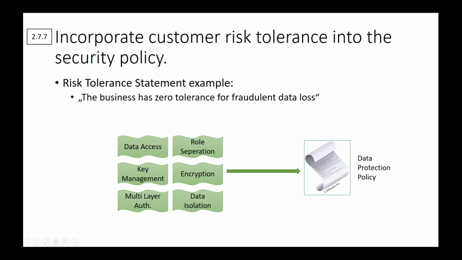But this would then be applied to a security policy as part of an overall data protection plan. This could include key management solutions, encryption at all levels at rest and in motion, role separation, data access hardening, multi-layer authentication, and probably many more.